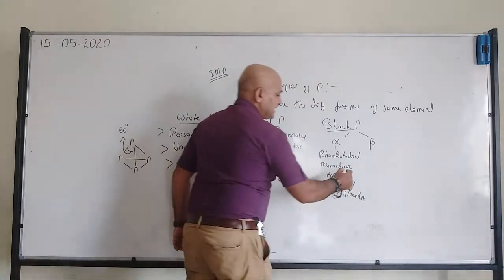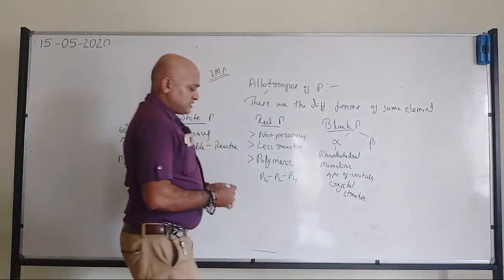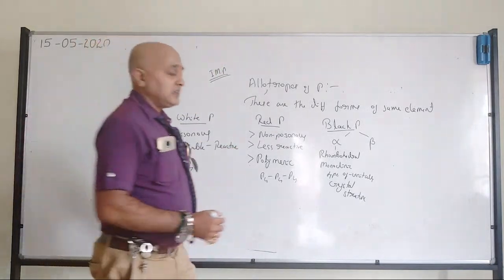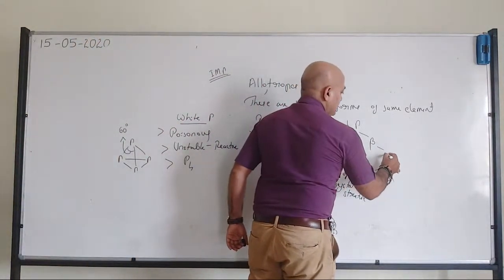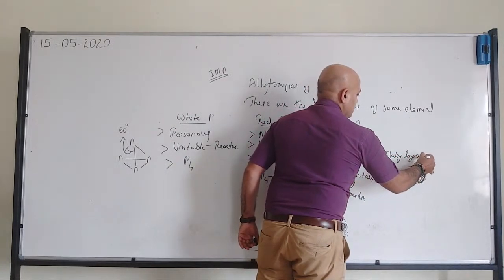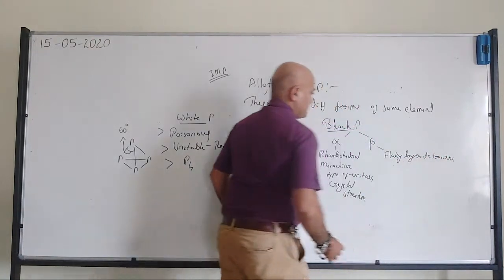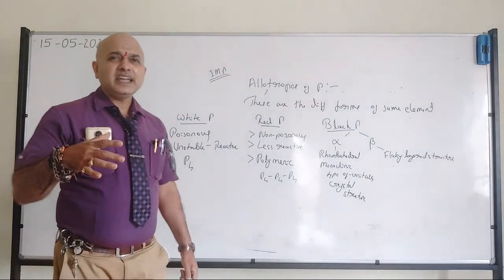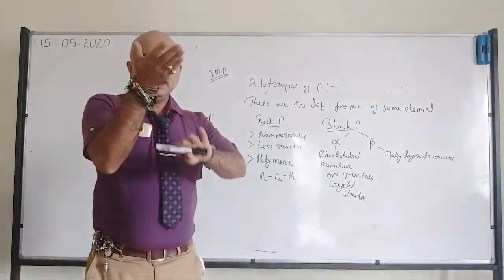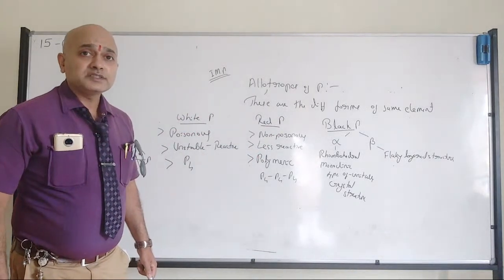That's where we have alpha black phosphorus. Now beta black phosphorus forms a flaky layered structure. Flaky means, just like graphite, where layer by layer it will be arranged. Similarly for beta black phosphorus also.